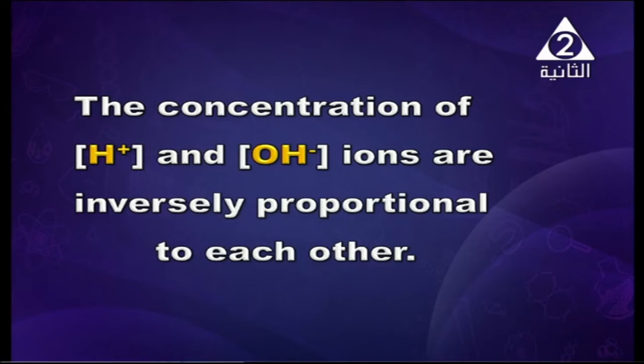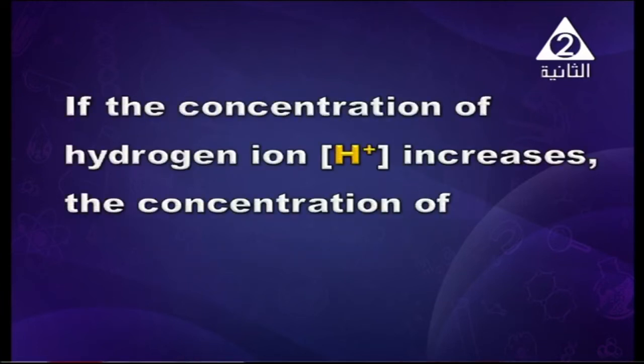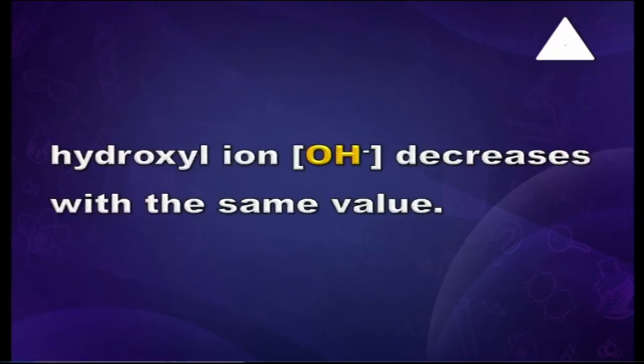My dear student, the concentrations of hydrogen ion and hydroxide ion are inversely proportional to each other. So if the concentration of hydrogen ion increases, the concentration of hydroxide ion decreases by the same factor.